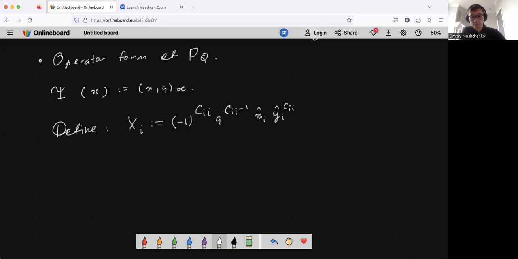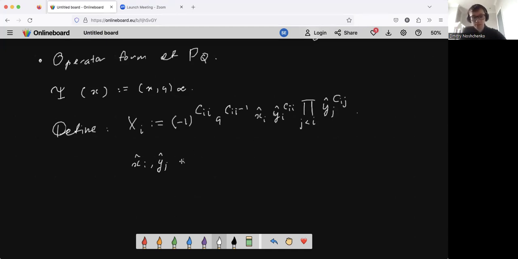I'll tell you in a moment what these x hat and y hat are. Then follows the product over j smaller than i of yj to the power cij. The small xi, xj and yj obey q-commutation relations.